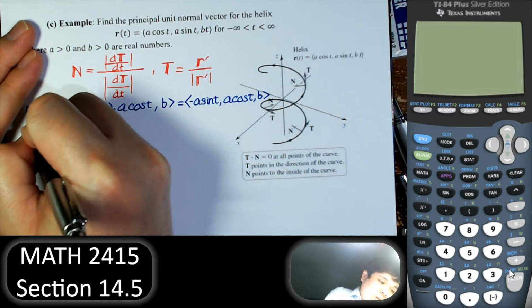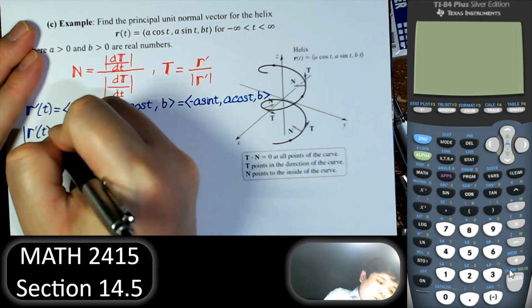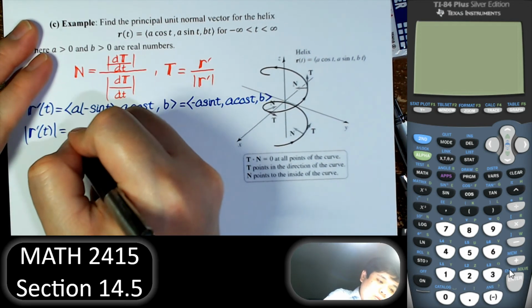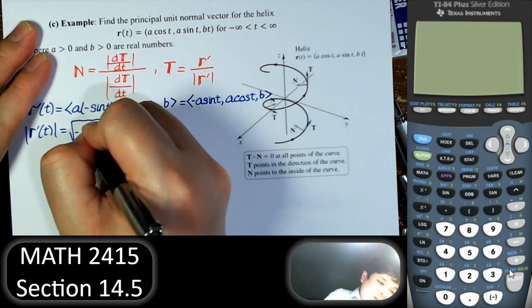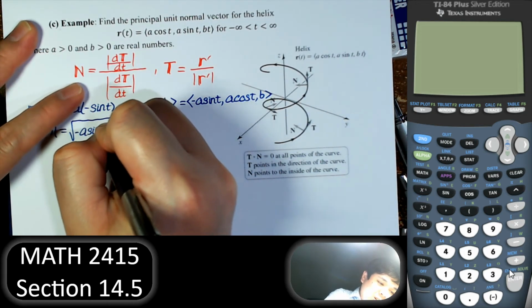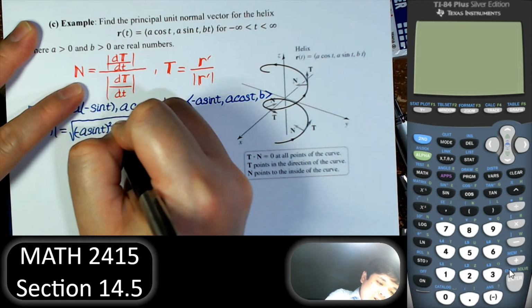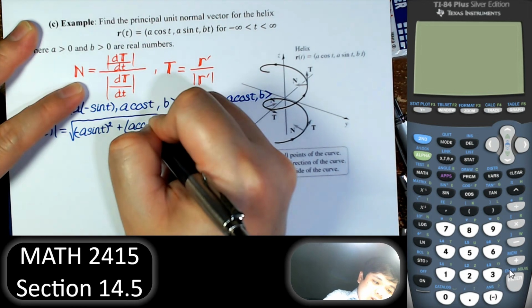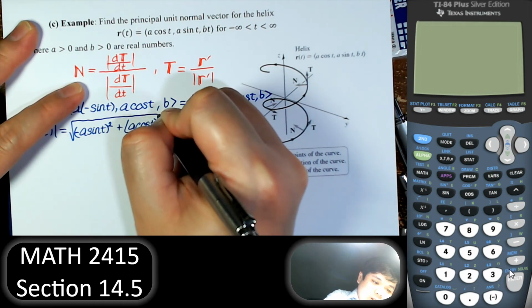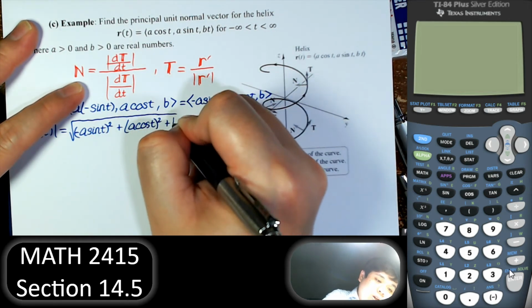So the magnitude is the square root of negative a sine t squared, plus a cosine t squared, plus b squared.